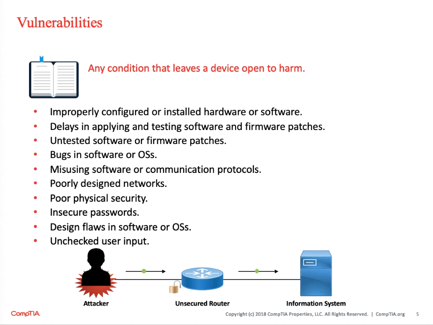We could have design flaws in our operating system or software, or unchecked user input, right? So maybe somebody types in some code into a username and password form, and they're able to get in by using code which lets them automatically log into the first user in the database or something like that, right?